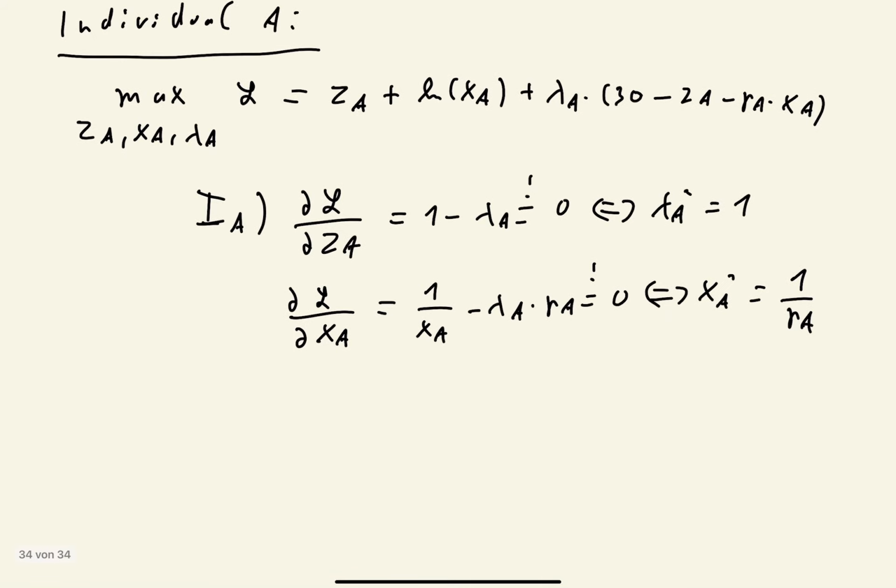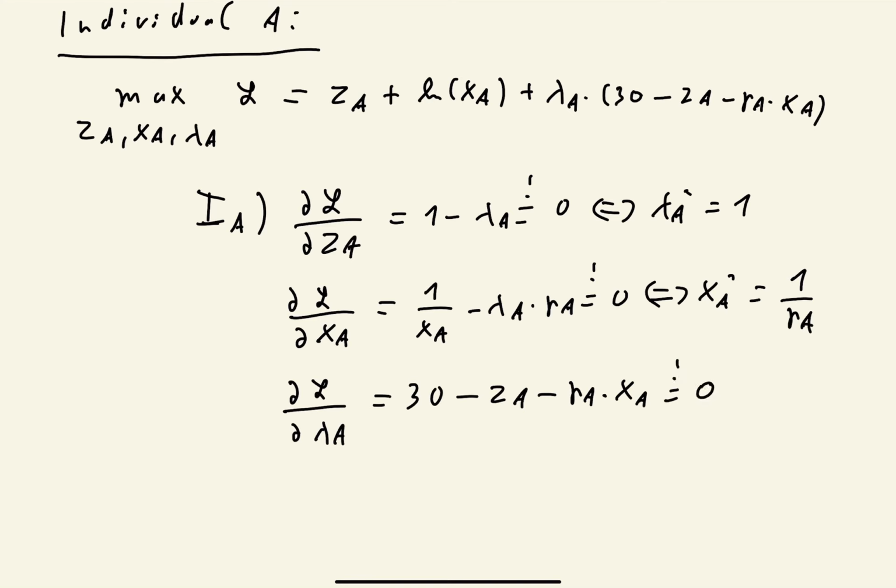And finally, we take the derivative of the Lagrangian function with respect to lambda A. What we get then is 30 minus ZA minus PA times XA, which should be equal to 0.